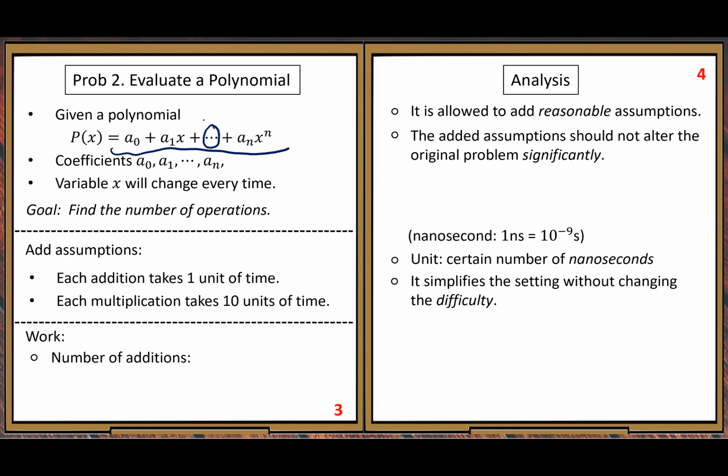When we count the number of additions, one addition corresponds to one plus sign. So we only need to calculate the total number of plus signs. But how do you keep track of all the plus signs with the dot, dot, dot?